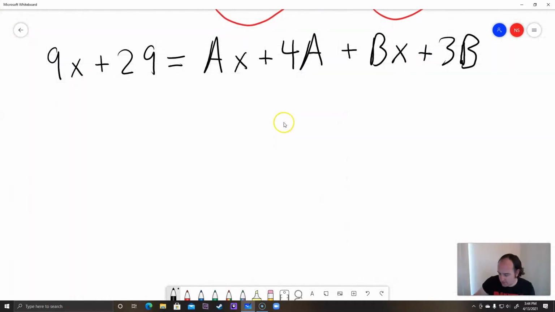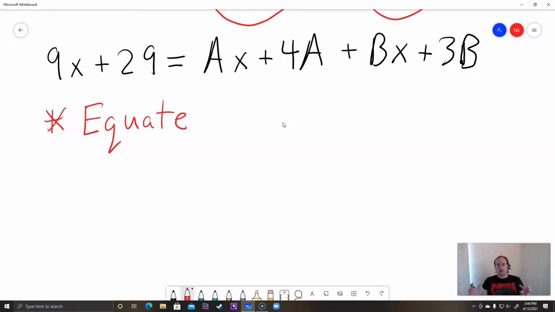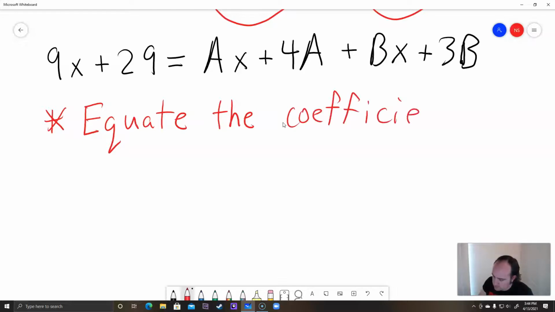Okay, so let me write that down. Equate. So what does the word equate mean? Equate means set equal to each other. So equate the coefficients of like powers.